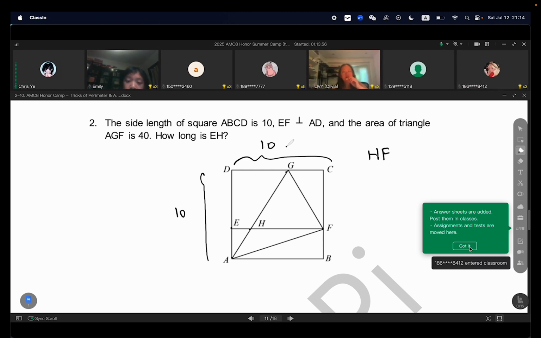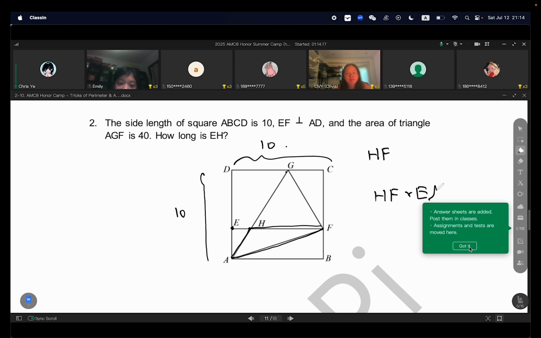The way that we do this is that we can divide this triangle AGF into two parts, like this. The area of this triangle is going to be HF times EA divided by 2, and the area of this triangle is going to be HF times ED, this part, divided by 2.